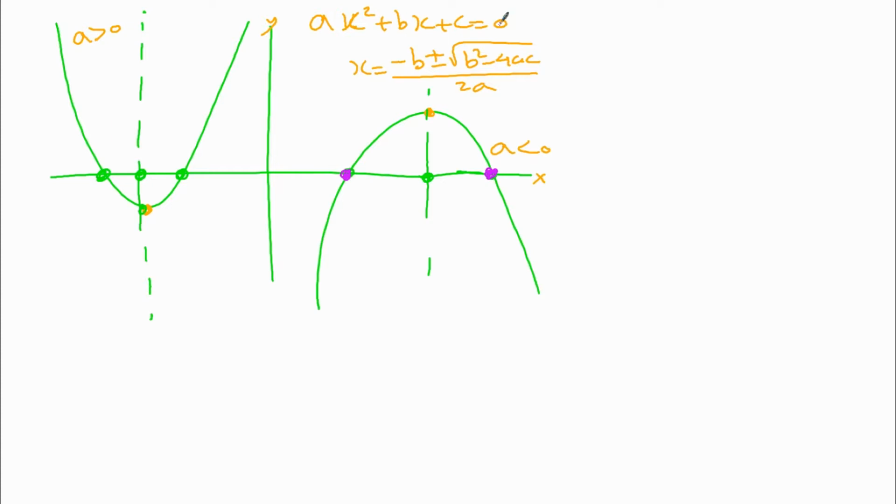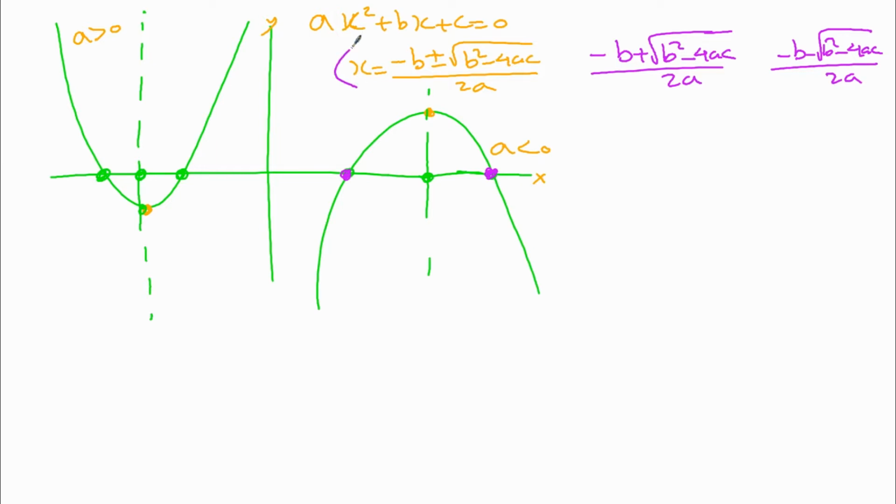As you can see here, one of the x's is minus b plus the square root of b squared minus 4ac, divided by 2a. And the other one is minus b minus the square root of b squared minus 4ac, divided by 2a. So we have 2 different x's coming from this equation. To find the x of this point, I need to add these 2 together and divide by 2, because that is the middle of those 2 points, like an average.